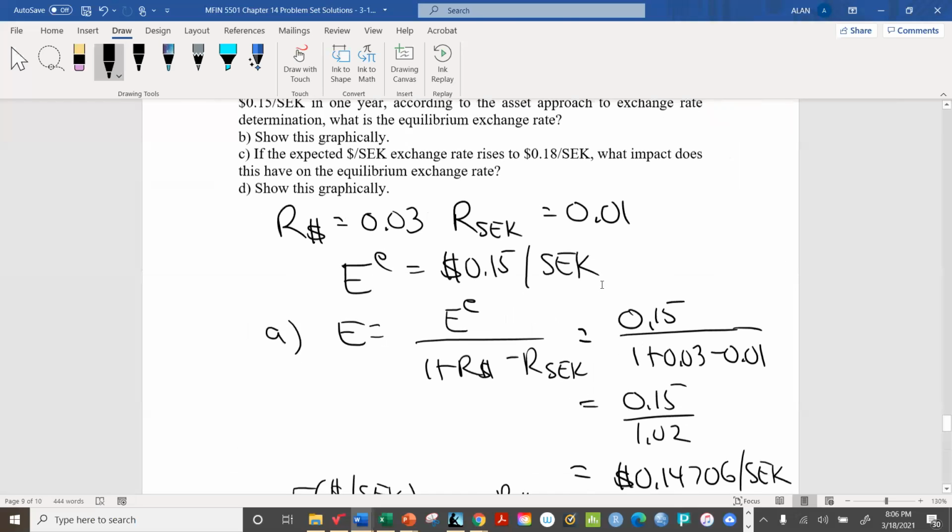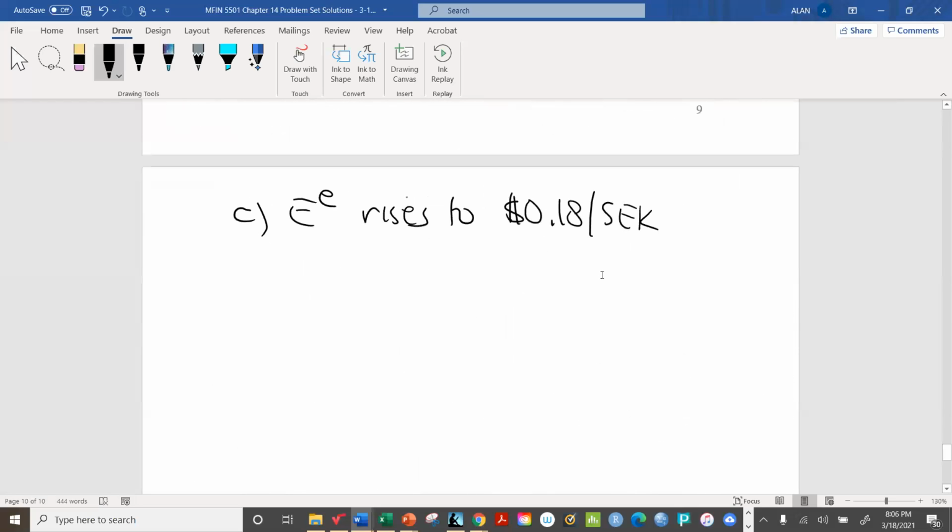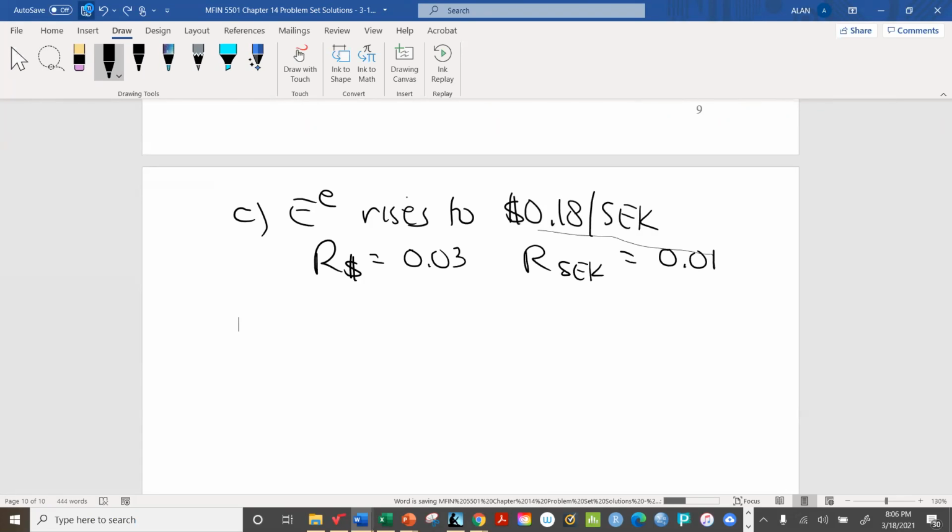So the US rate still stays at 3. The Swedish rate is still 1. And so remember this formula. We'll give it a minute to save it again.